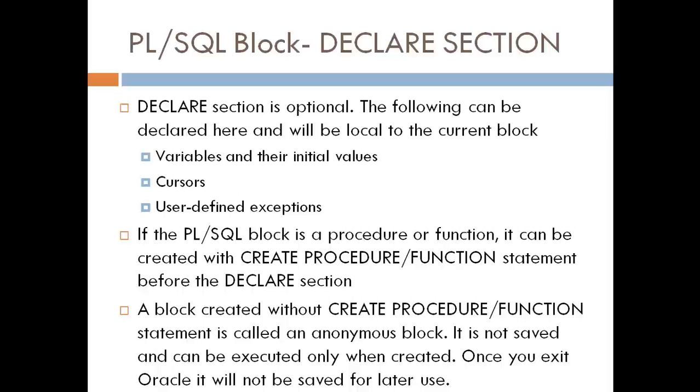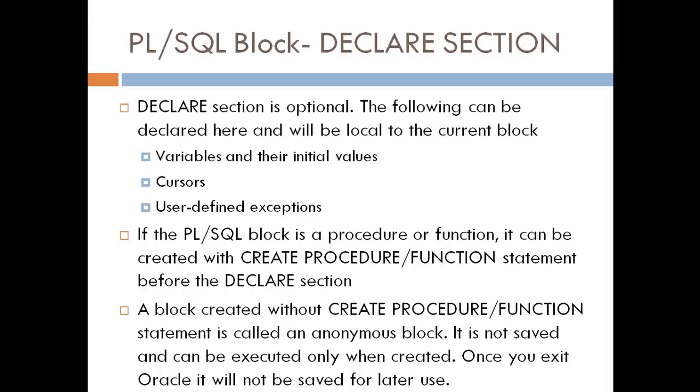First is the declare section. The declare section is optional. You can add the following things here, but you have to understand that all these elements that you define in the declare section are local to the current block. That means when you exit this specific block, all these variables, cursors or user defined exceptions will no longer be available.